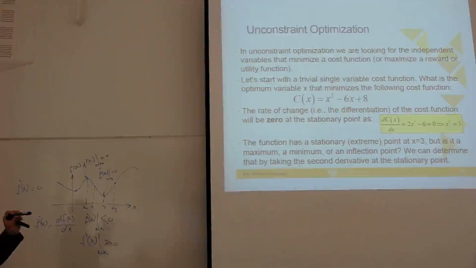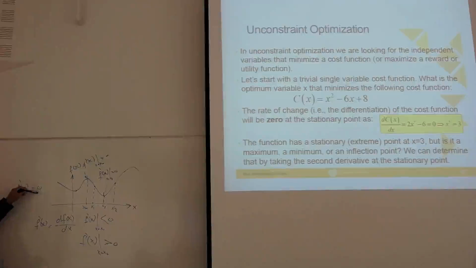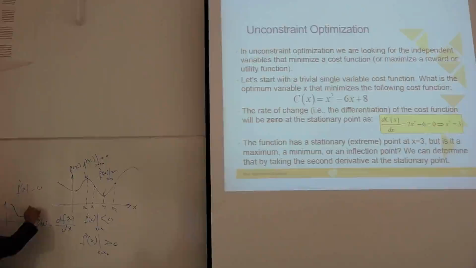Now we are talking about unconstrained optimization. Okay, so when the differentiation is equal to 0, then we will have an extreme point. The extreme point, as I said, can be a maximum, a minimum, or an inflection point. It means that sometimes we might have a maximum, and it is going like this, and then it goes, for example, like this again.